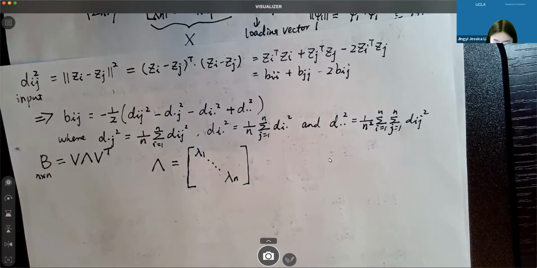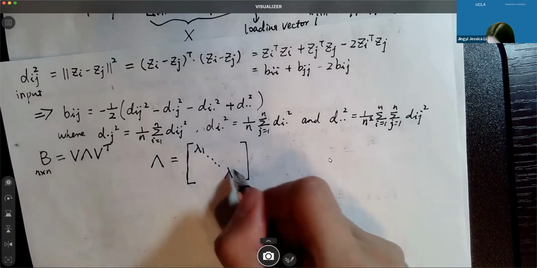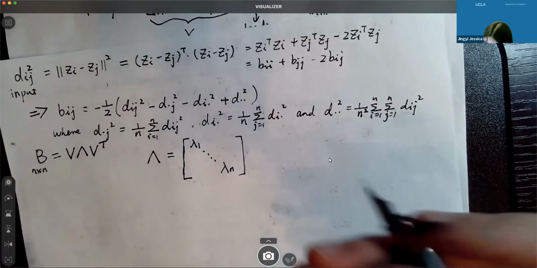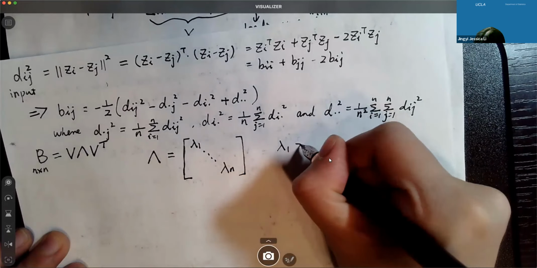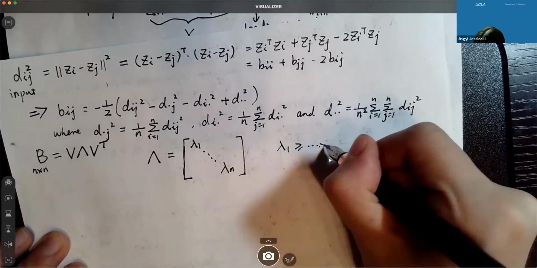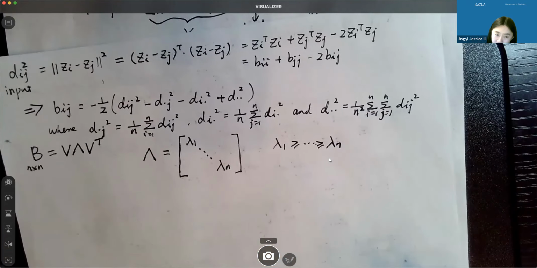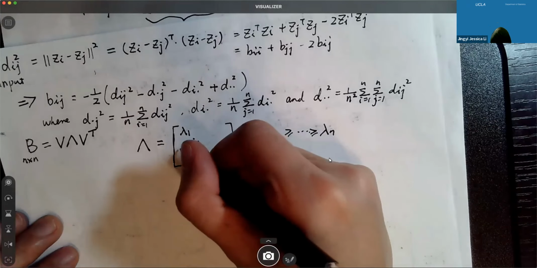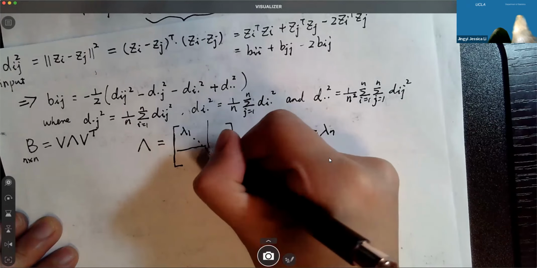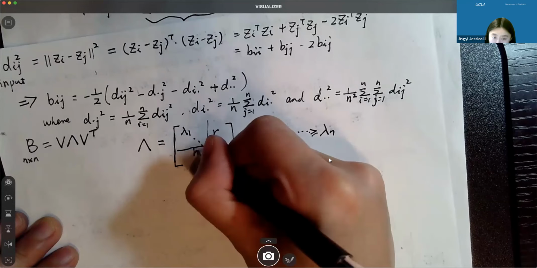But given what we want, the thresholding, it could be that some of the eigenvalues are 0. That's possible. The lambda 1 to lambda m are ranked in decreasing order. Then given the r we want, we just truncate and keep the top r. So let's say this is r dimensional here.